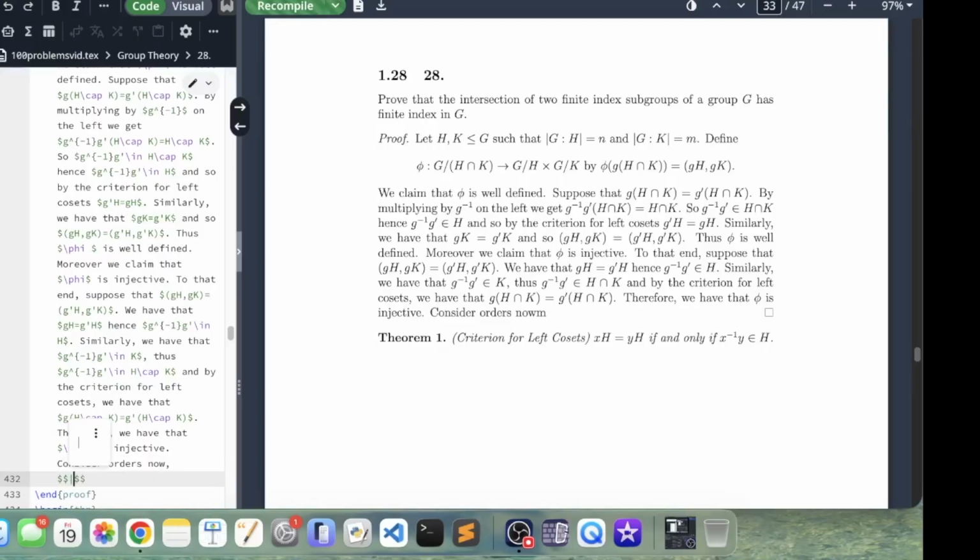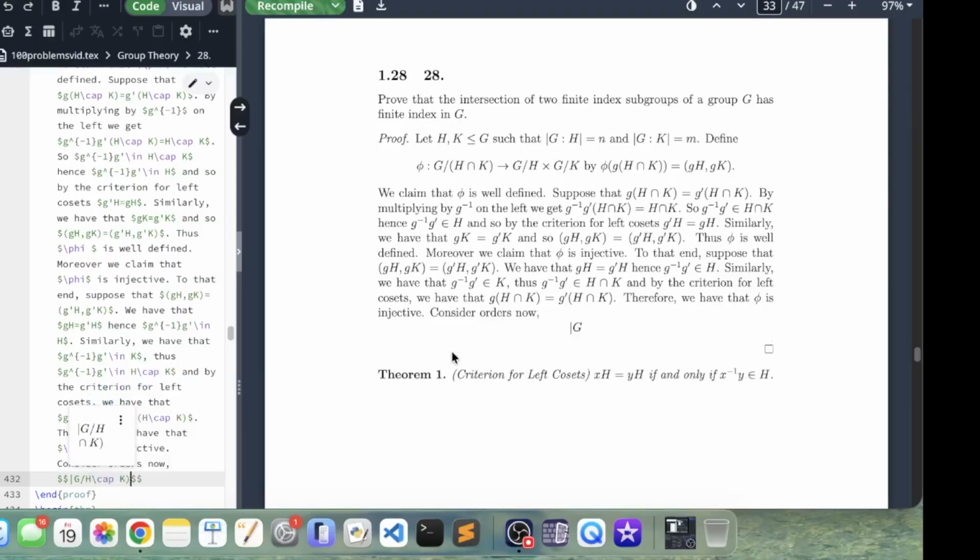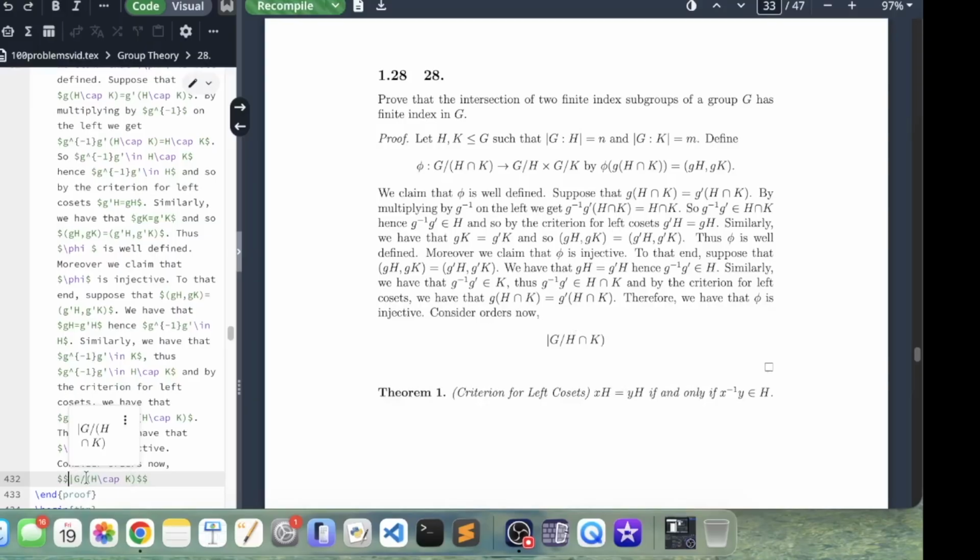We have the order of G modded out with H intersect K, and this is equal to the index of H intersect K in G. But because phi is injective, this is less than or equal to the order of G modded out with H, which we said earlier is just the index of H in G, times the same for K, which we know to be a finite amount.